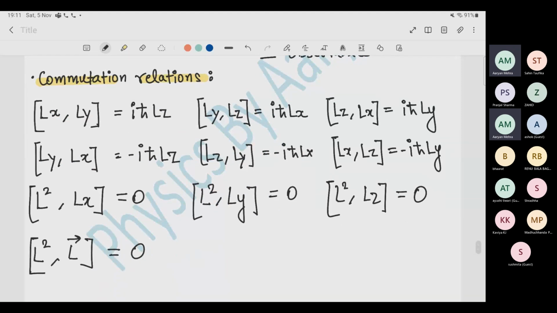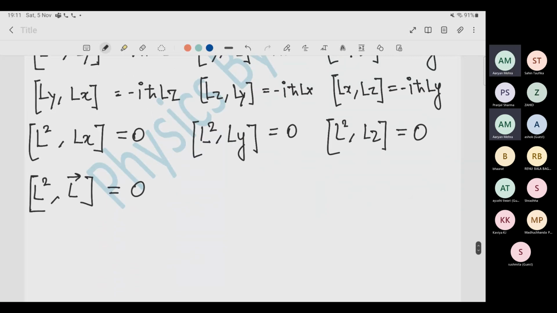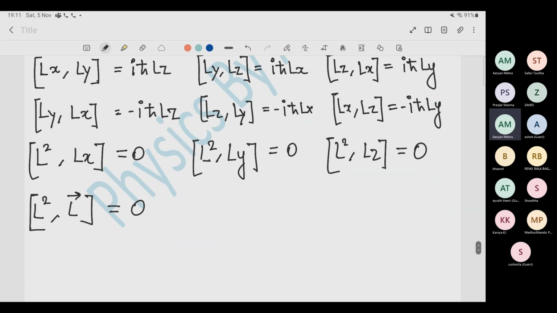So can anyone tell me what a commutator is in quantum mechanics? You should know that, you are an MSc student. Mathematically, it is AB minus BA. All of you know matrix commutation.